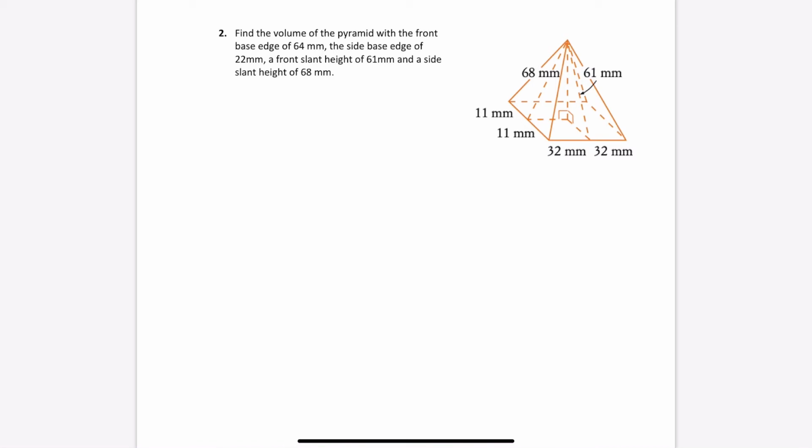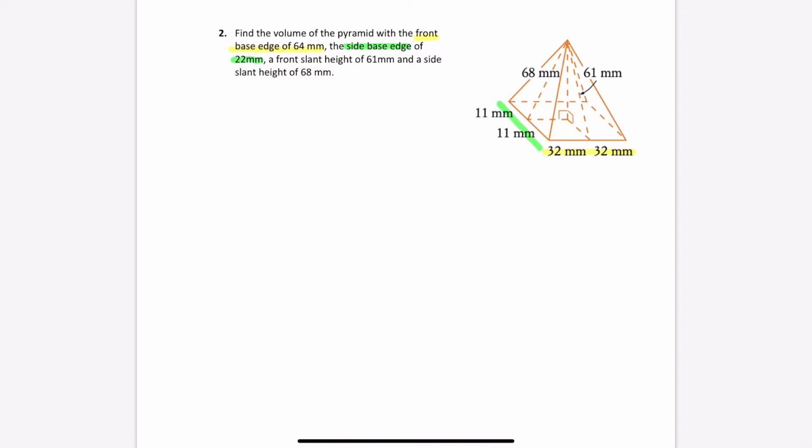Front base edge of 64. So that is this way. The diagram that's given to us has actually broken it up into halves for us, which is very helpful. And then we've got the side base edge is 22 centimeters. So side edge is this section here.